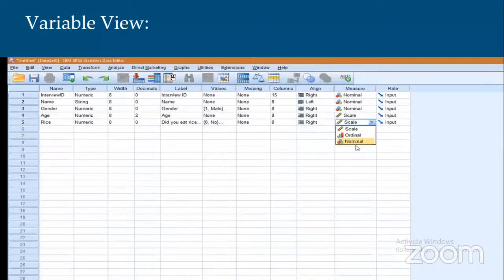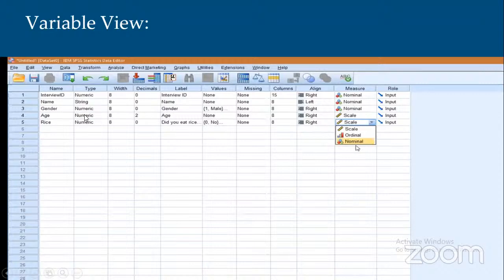Now I have an example here of a table with a variable view. If you see here, I put the name, for example, interview ID. The type, it is numeric because we'll put numbers. And the type of measurement is nominal. Here name, it is a string because we'll add text later on, and it is nominal.